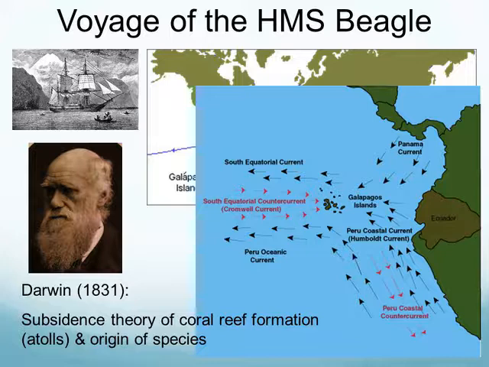For instance, Midway Atoll in the northwestern Hawaiian Islands is a very good example of a coral reef that has turned into an atoll. So he came up with the theory that coral reefs go from surrounding an island to then the island sinking at some point, and the coral reef is left behind. And so you'll see where the island used to be.